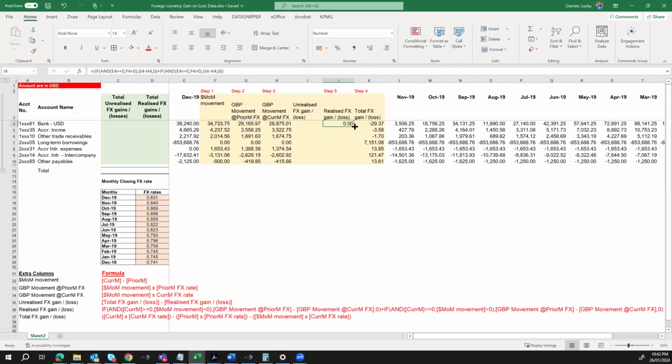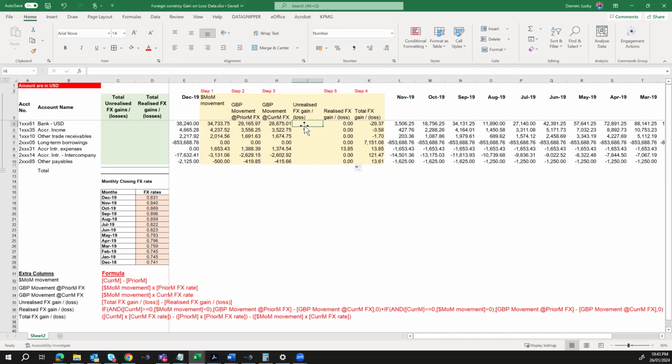So I can drag down. You can see that in all of this calculation, for the first account balance, the asset has increased, and because the increase in the asset wasn't present in the previous month, it won't give rise to any gain or losses. Which means that the total FX loss being reported under step 4 is all unrealized.